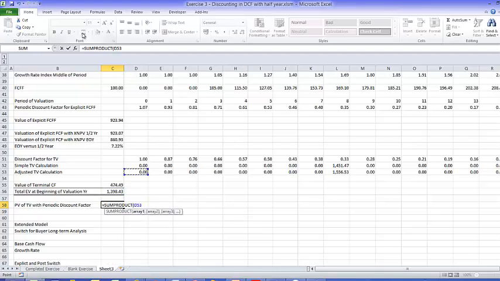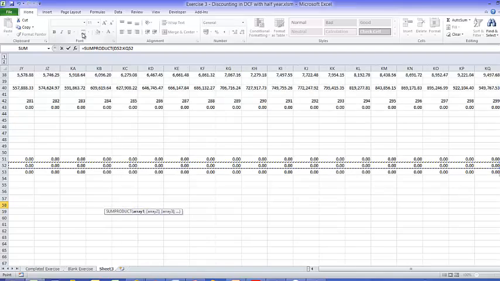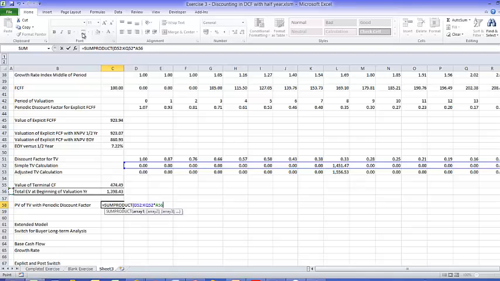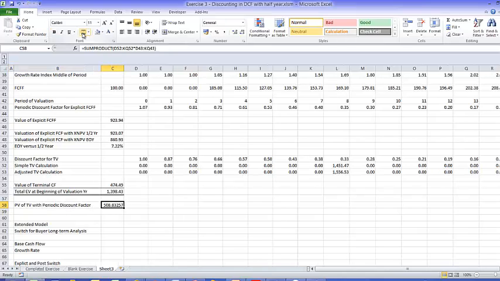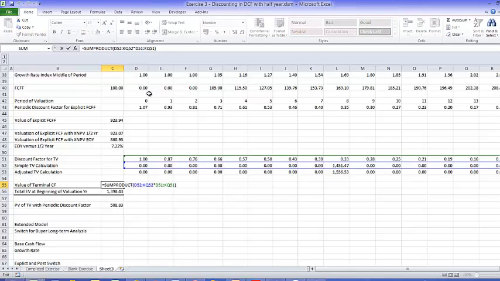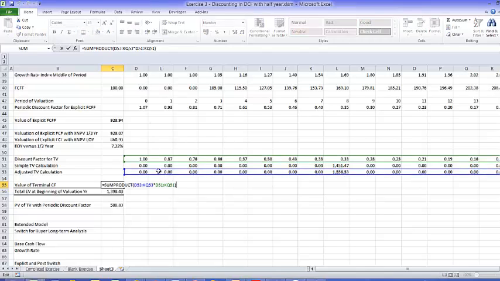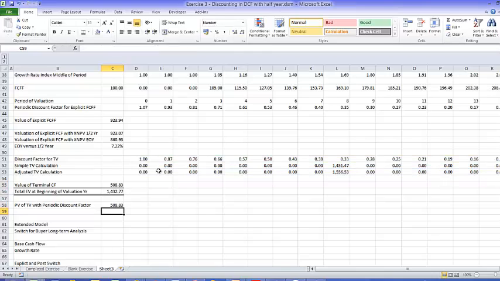If we would have just taken the non-adjusted terminal value and multiplied that one by the periodic discount factor. Oh, great. I thought we would have got the same thing. This one should have been the adjusted factor. Okay, we would have got exactly the same thing.